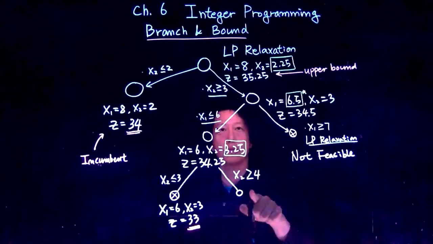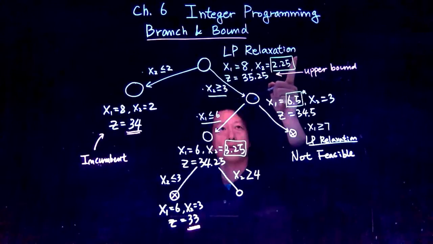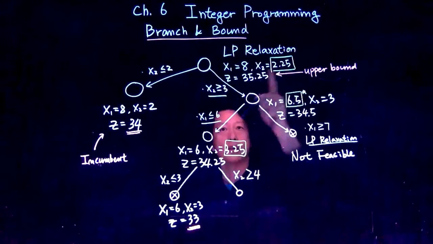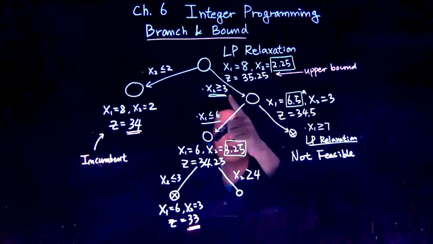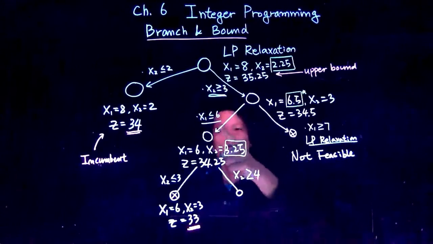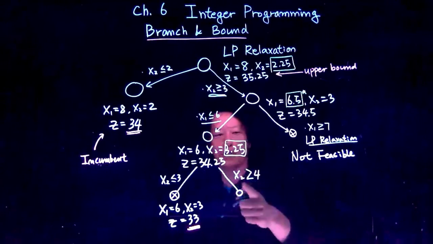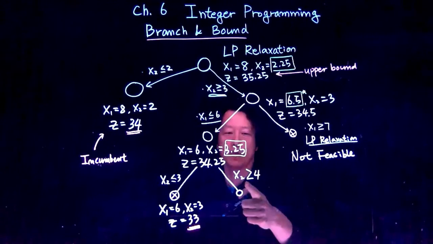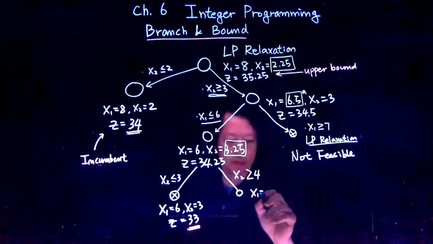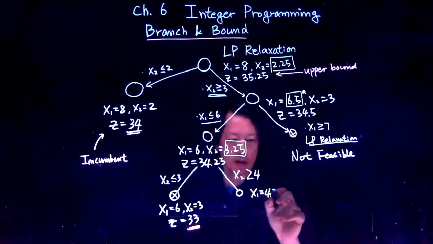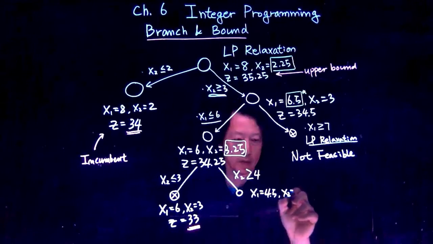So this problem is from our original problem. We get rid of the integer constraint. We add this constraint: x2 should be greater than 3, and x1 should be less than or equal to 6, and then we add x2 should be greater than or equal to 4, and then we got the solution if we solve it as a linear program.